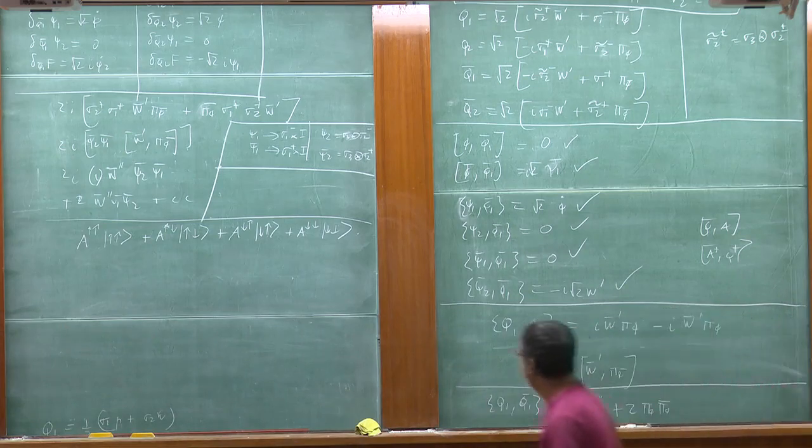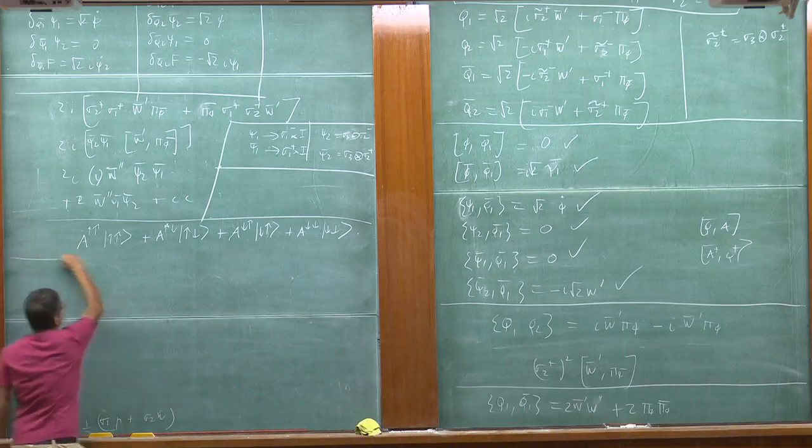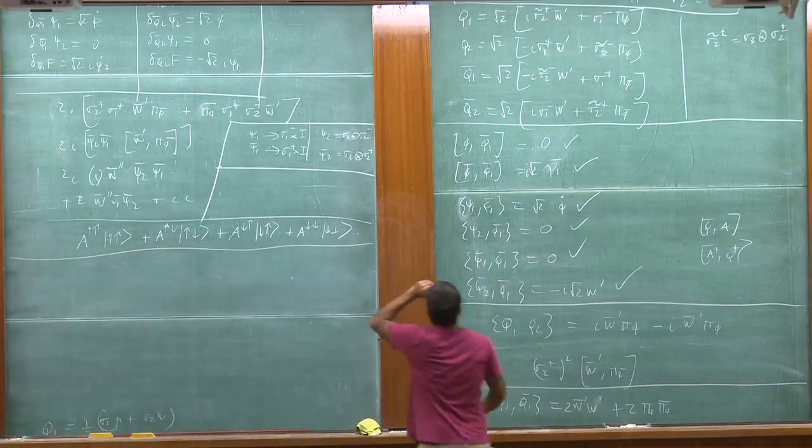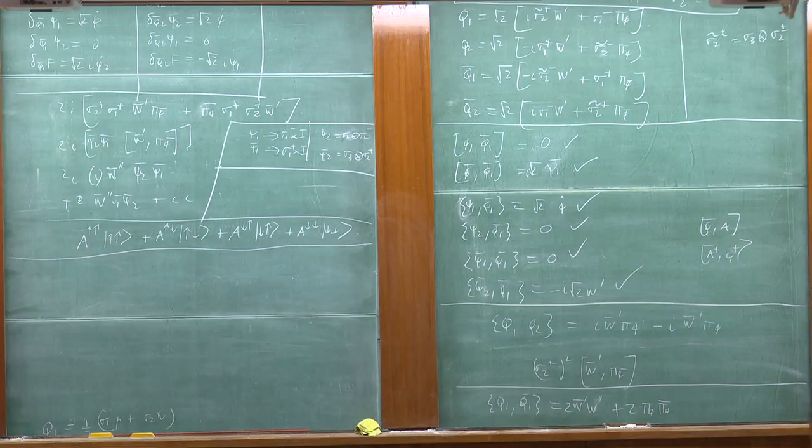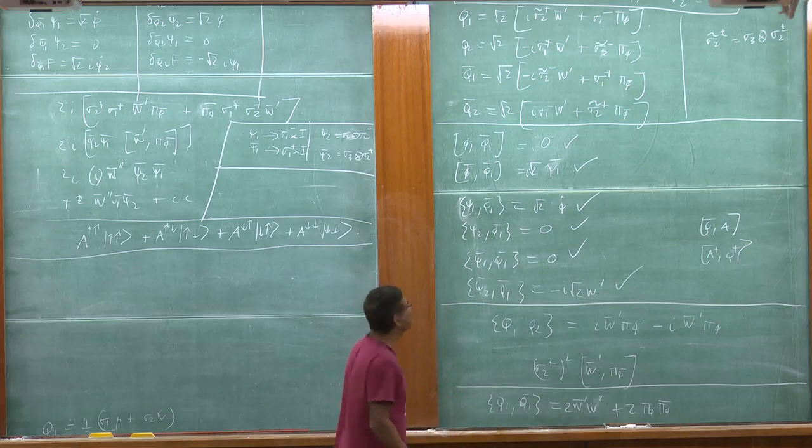Okay. Now, let's work out the equation that Q1 annihilates the state. Okay, that should be simple enough. So we won't worry about square root 2's because if something annihilates square root 2 times that thing, it also annihilates it.